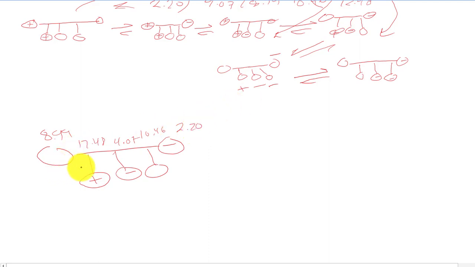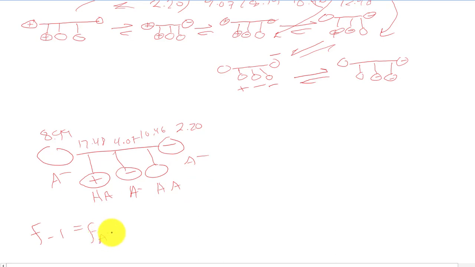Okay. So if I wanted to figure this out, what is the concentration, or fraction, of our -1? What we would do would be to set up the fraction deprotonated at the N, fraction protonated at the R, deprotonated at the E, protonated at the tyrosine, and deprotonated at the C terminus.